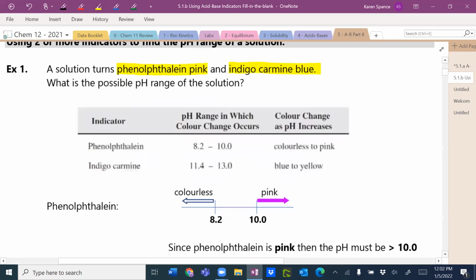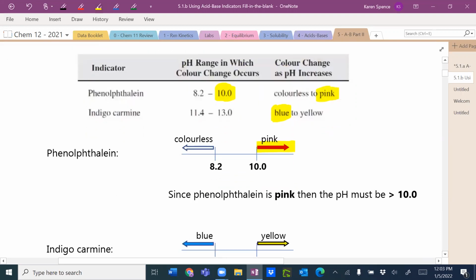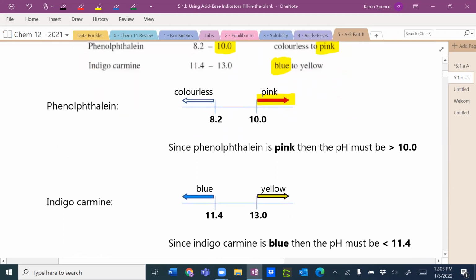We know that phenolphthalein has turned pink, which means that the pH has to be above 10, because that's how we read that. Now we are going to look at indigo carmine, which is blue.